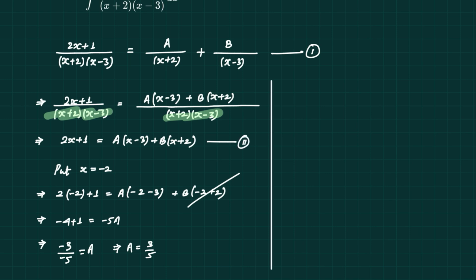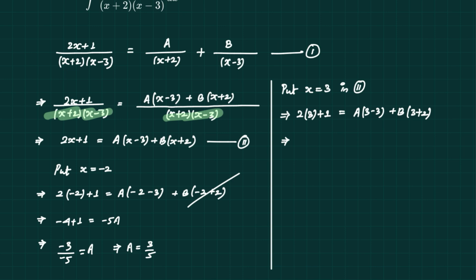Now in order to find the value of B, we put x equals 3 in this second equation, because on doing so, the term A times (x - 3) becomes 3 - 3, which will make this term 0, and it will give the value of B. So let us put x equals 3 in equation 2, then we have 2 times 3 plus 1 equals A times (3 - 3) plus B times (3 + 2).